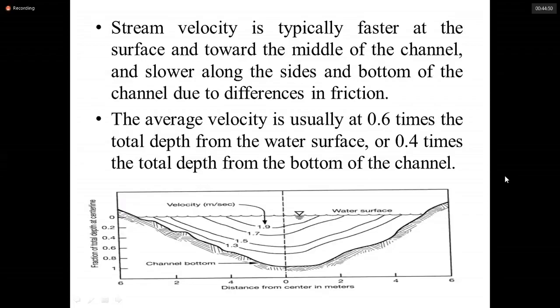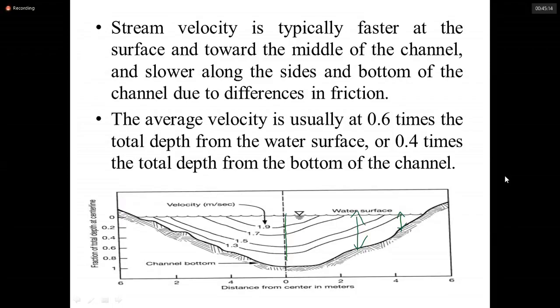So once you take this stream, the depth is different from point to point. Here the depth is this much. Here the depth is this much. In the side area the depth is very less. So according to this law, the velocity is different from point to point.